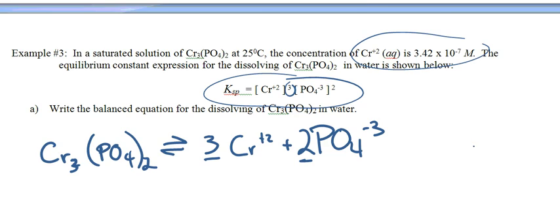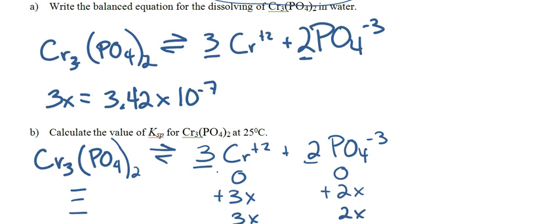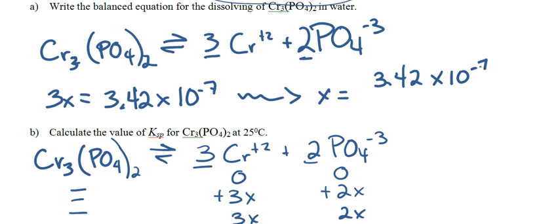We were told that chromium, which in this case is equal to 3x, is equal to 3.42 times 10 to the negative 7. Now, again, I'm going to work it out a little bit longer here. So I know 3x is equal to that, so I can figure out what x is equal to by doing 3.42 times 10 to the negative 7 divided by 3.